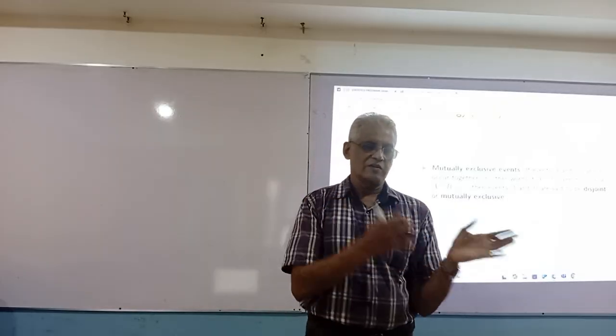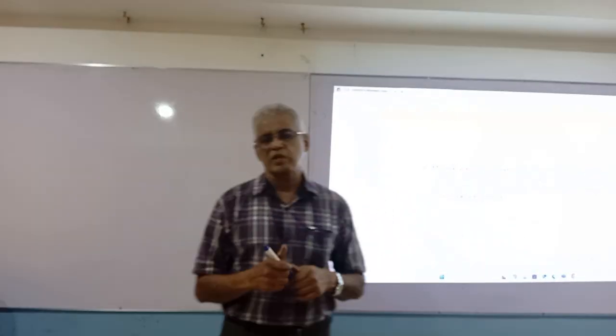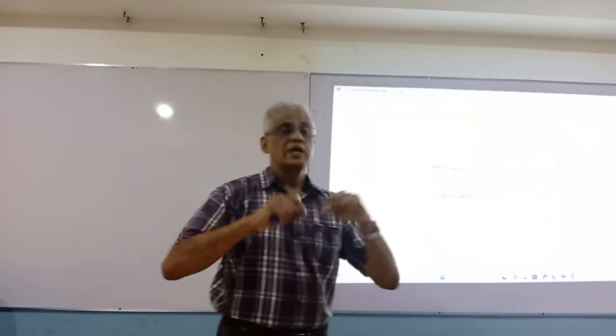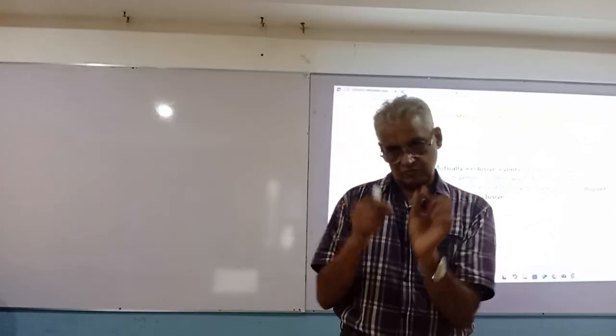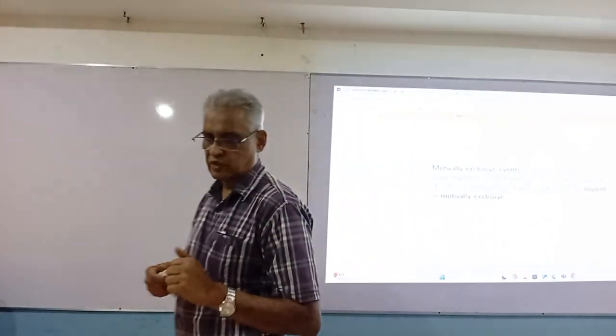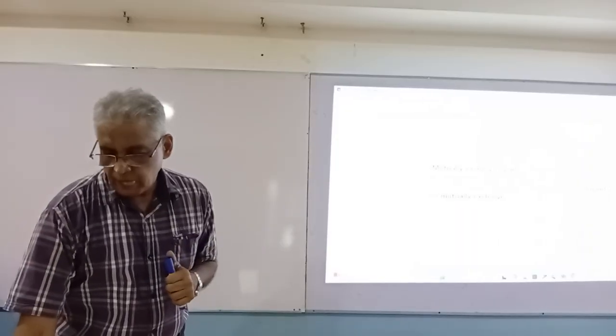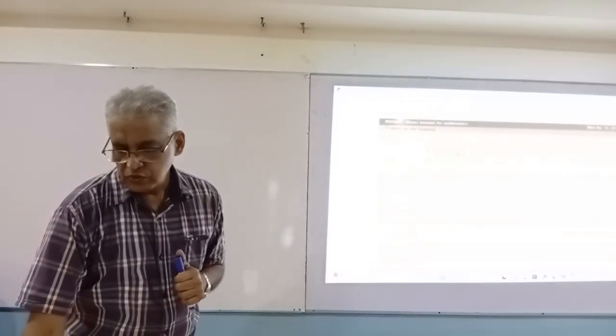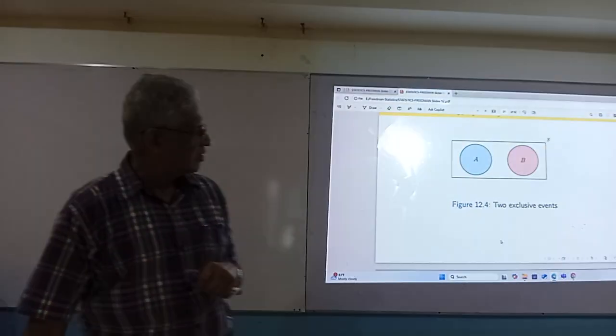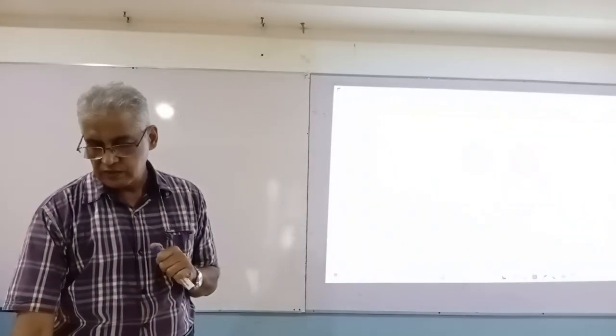So getting an even number and getting an odd number are two mutually exclusive events. Both cannot happen at the same time. In a Venn diagram you can show it like this.